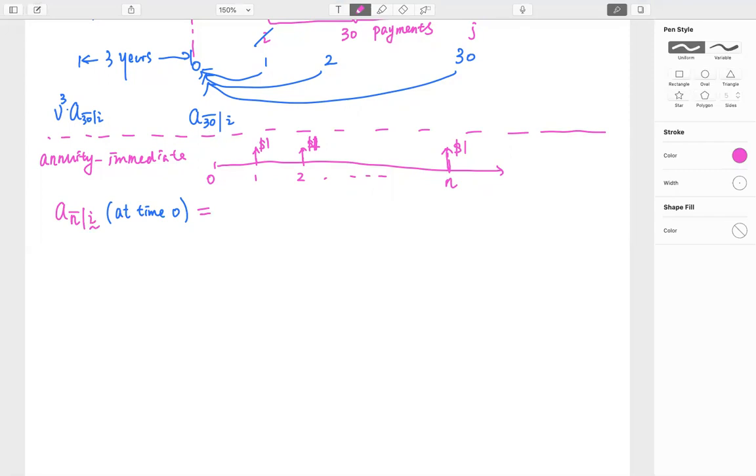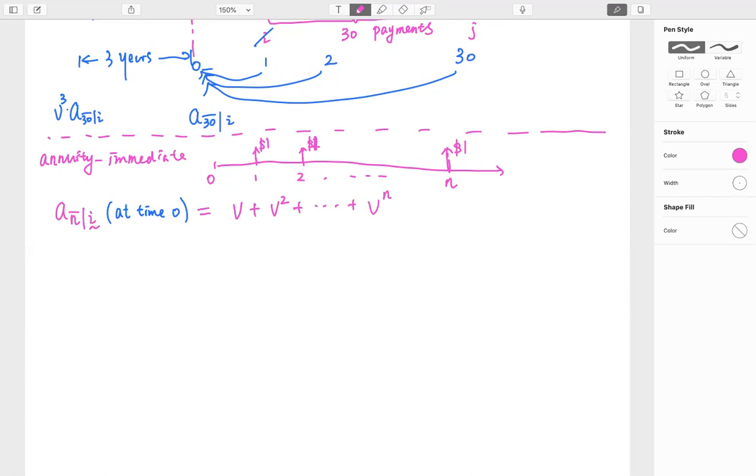For the first payment, I need to multiply by v, because it's paid at the end of year 1, so I just need to discount by 1 year. For the second payment, it will be v squared because I need to discount back by 2 years. Easily you can see the last one is v to the n.